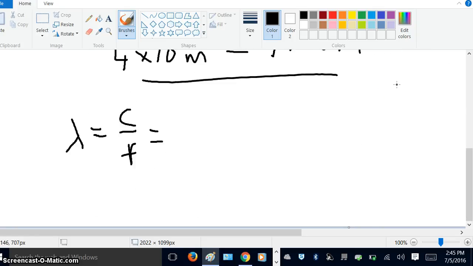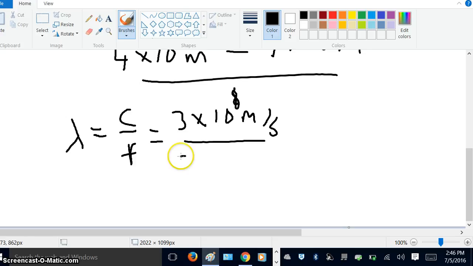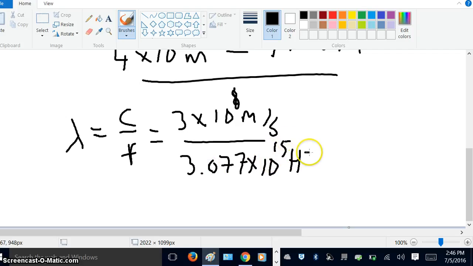So this is 3 times 10 to the 8th meters per second divided by 3.077 times 10 to the positive 15th hertz.